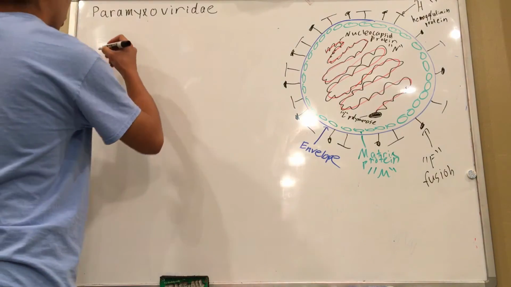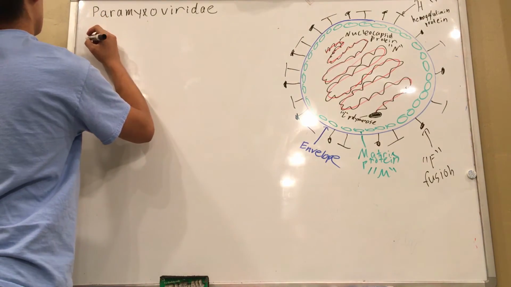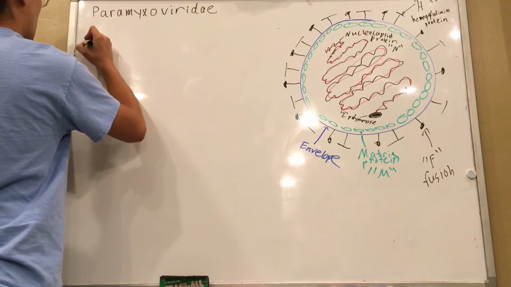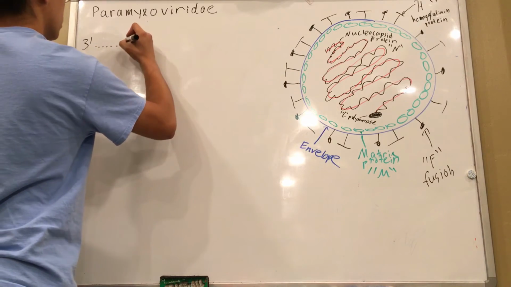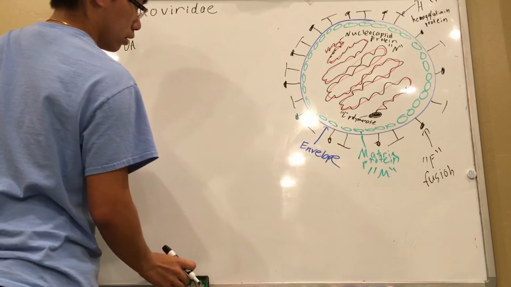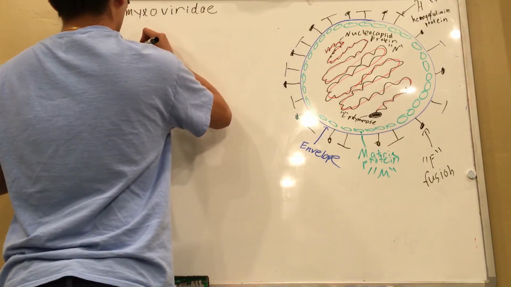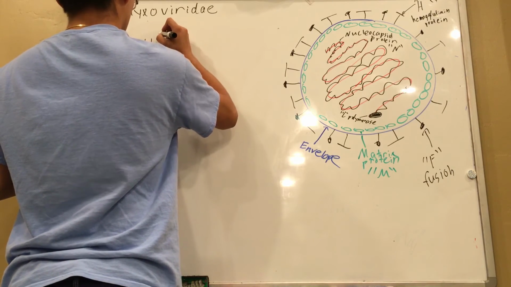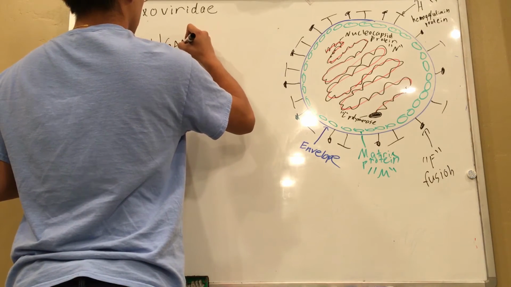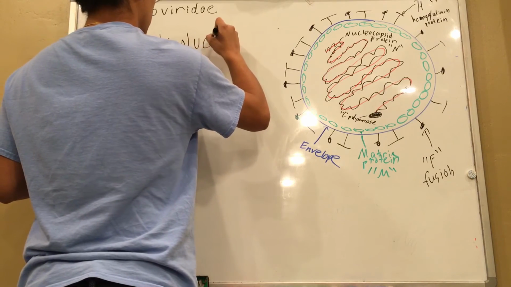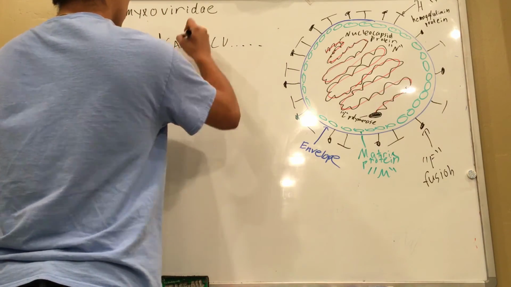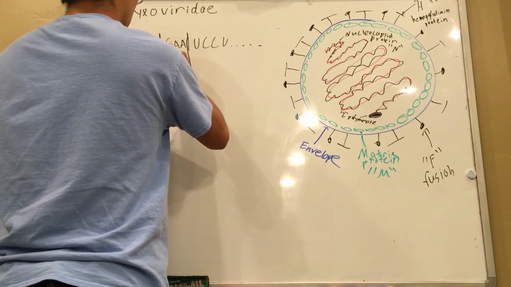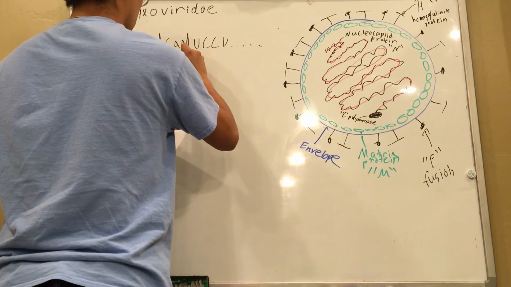And again, I think if you look back in the Paramyxoviridae video, I had this picture in there somewhere, but just in case, for good measure. Junction, C here. Okay.